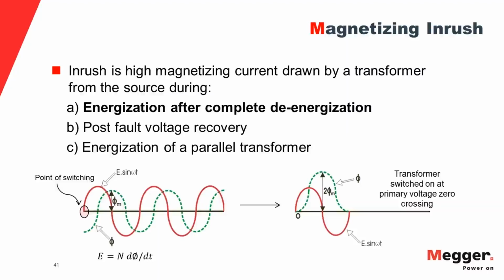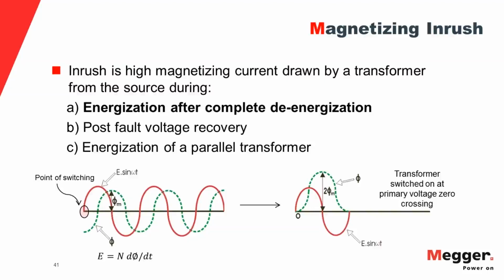The first condition is when you energize the transformer after complete de-energization. What it means is that you have demagnetized your core completely and then you energize the transformer, so there is a possibility that inrush could occur. The second condition is post-fault voltage recovery.